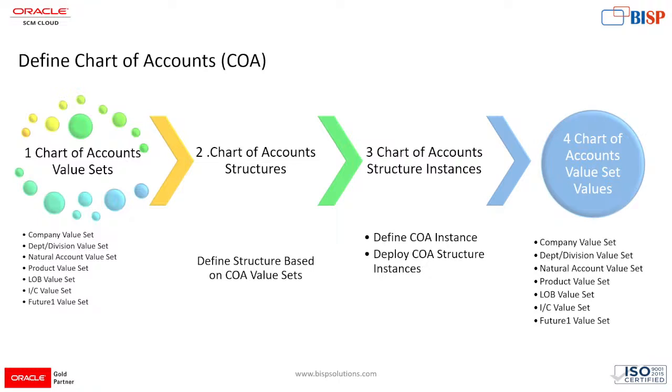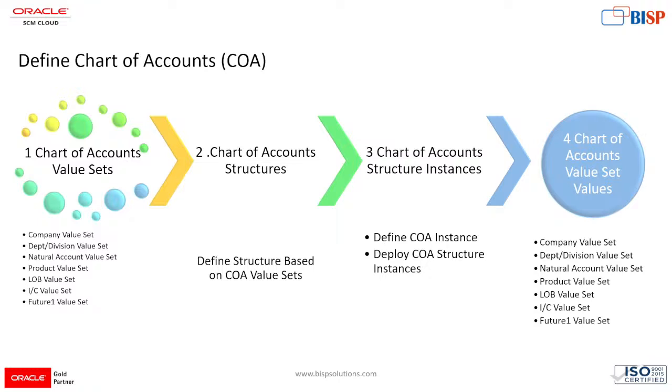Multiple configurations of a key flexfield structure can be defined, with each key flexfield structure instance being composed of segment instances with specific assigned value sets. If a key flexfield is registered with a tree structure, a tree code for the segment instance can be specified.